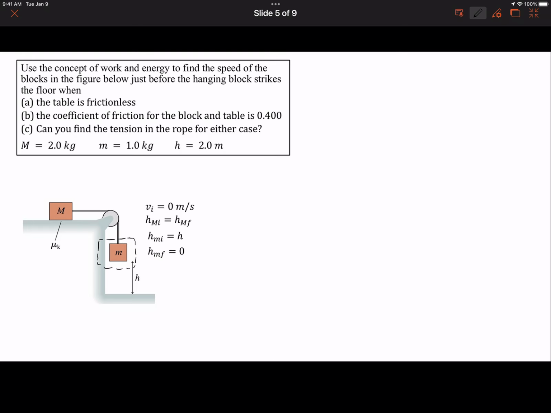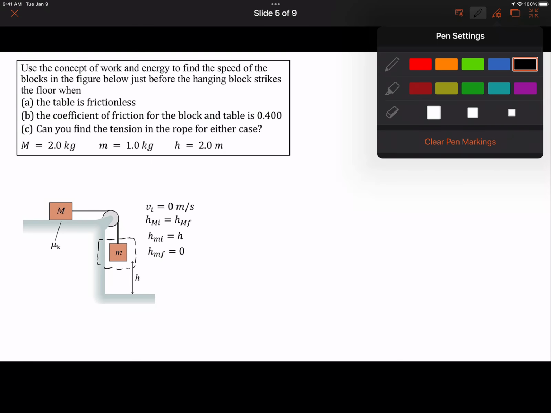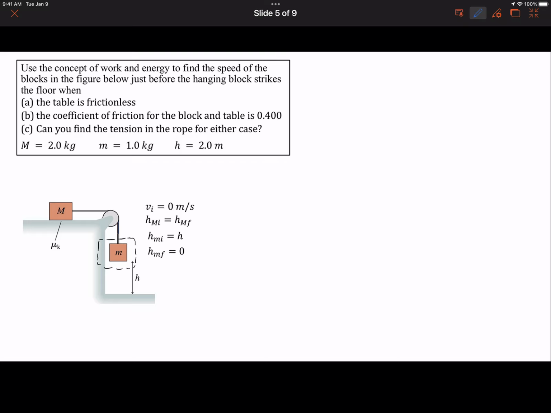But this time we'll do it a little differently, and we'll focus on the smaller mass. So if we focus on the smaller mass and not the system of masses, then the tension that's acting on the mass is actually external to the system, and there is work done on that smaller mass.